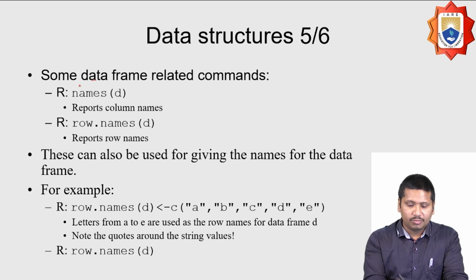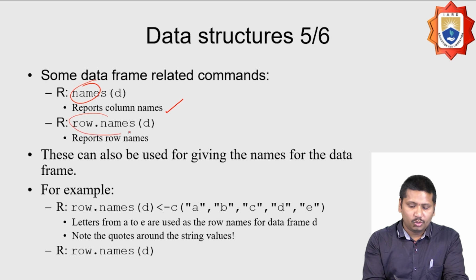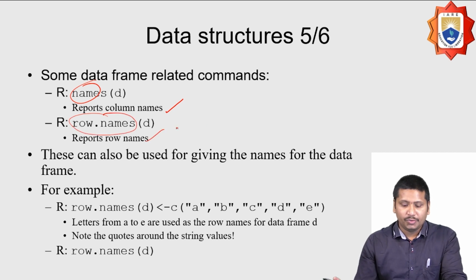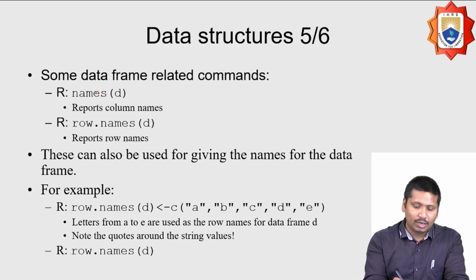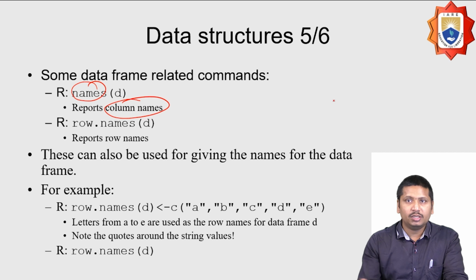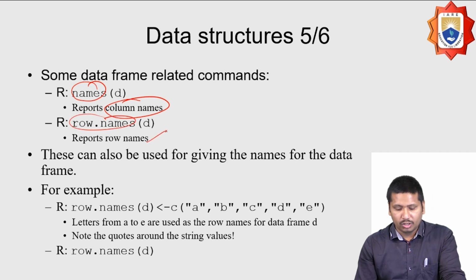Like names should report the column names, and if I want to know row dot names, I can report the row names here. So this should be something different. If you specify only the names, then it comes under column names. And if I specify only row dot names, then you can specify only the row names.